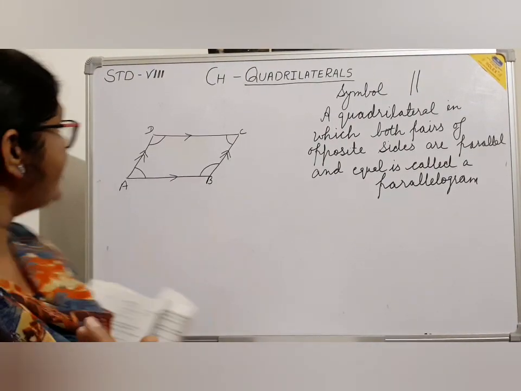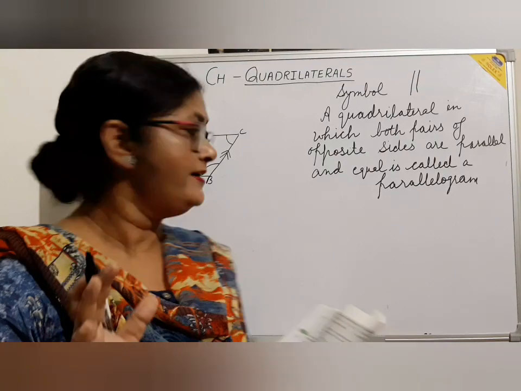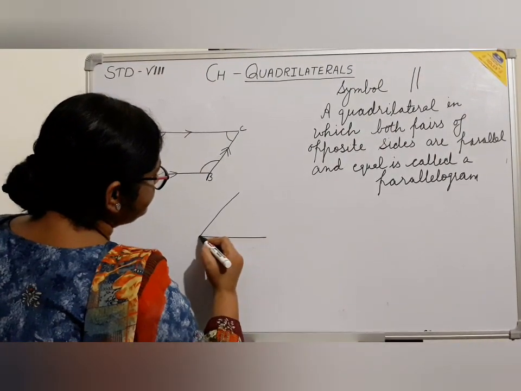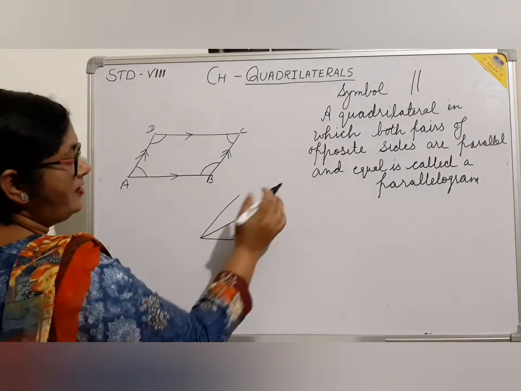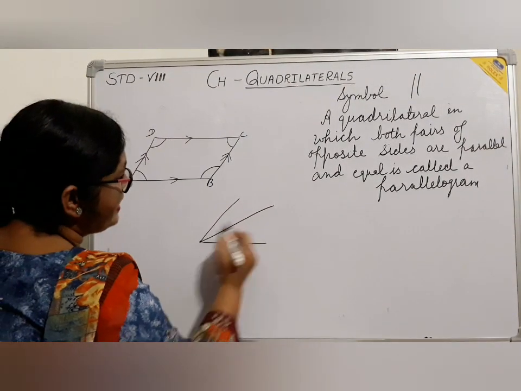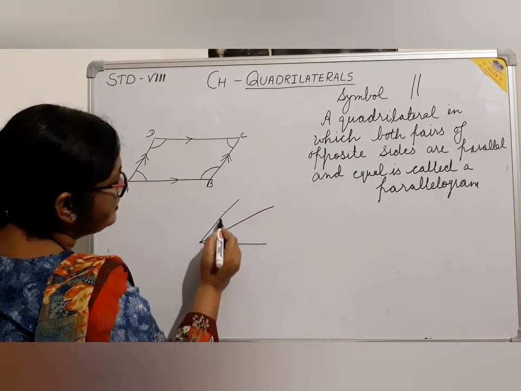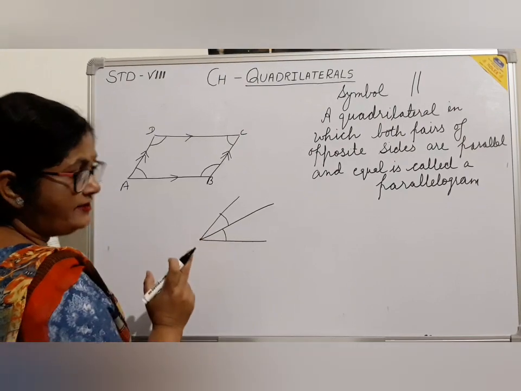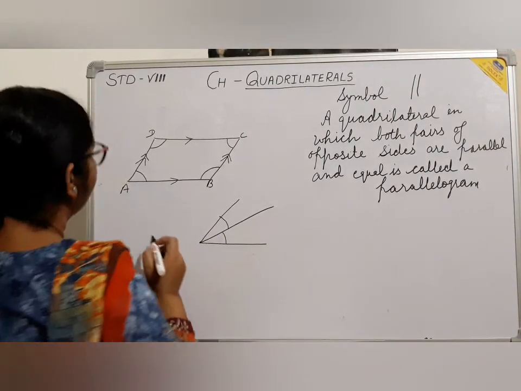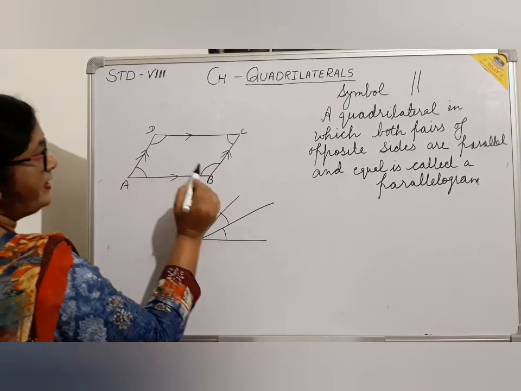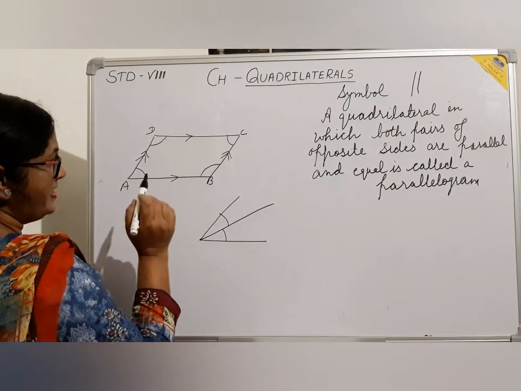What are adjacent angles? Adjacent angles are those where the vertex is common, this line is common, and these two angles are adjacent angles. In this parallelogram, angle A and angle B are also adjacent.